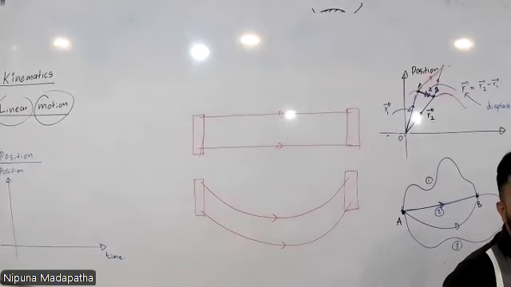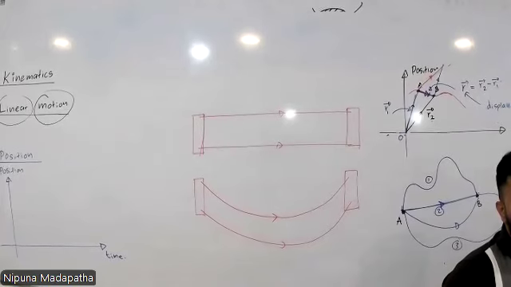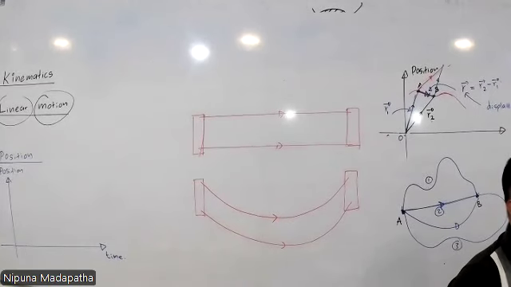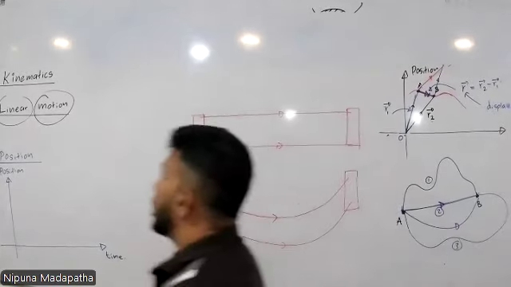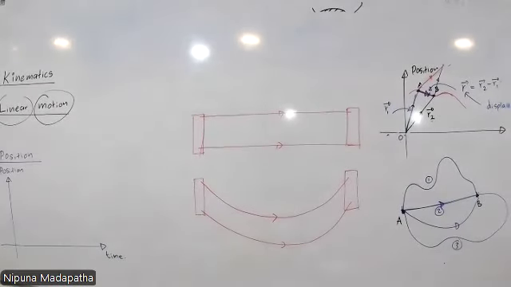Right? Motion is the change of the position of an object over time.